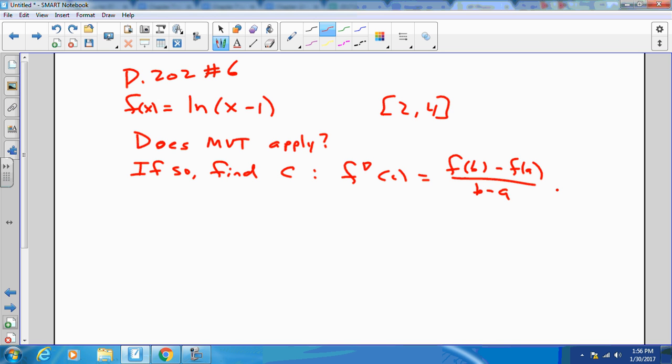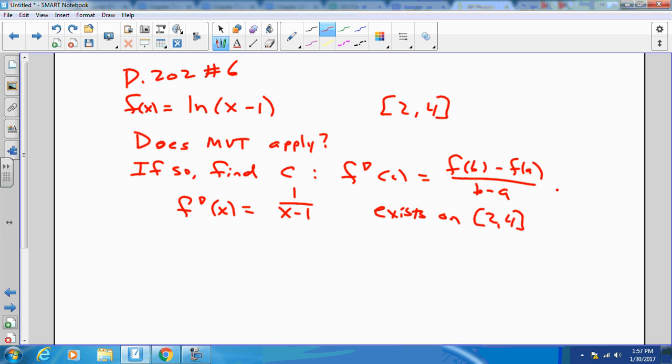All right, so does it apply? Well, let's check continuity and differentiability in one step. What is f prime? 1 over x minus 1. Now, does this exist as a derivative on the entire interval 2 to 4?